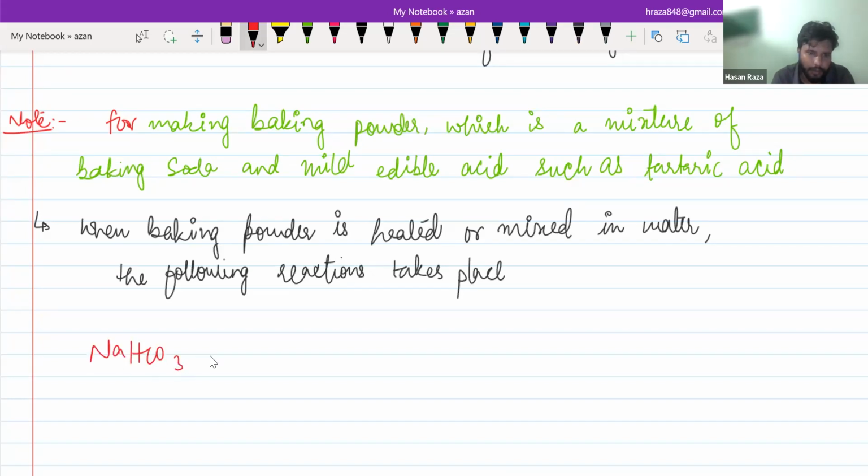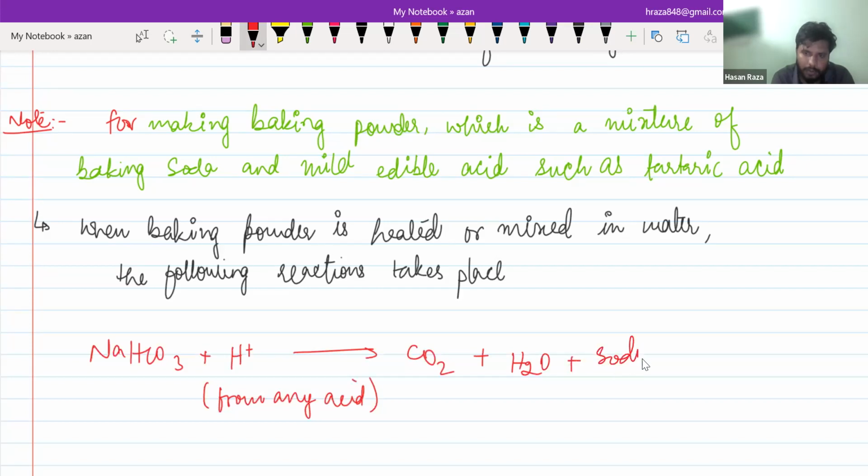NaHCO3 plus H plus from any acid, any edible acid, will give you carbon dioxide plus water plus sodium salt of the acid.